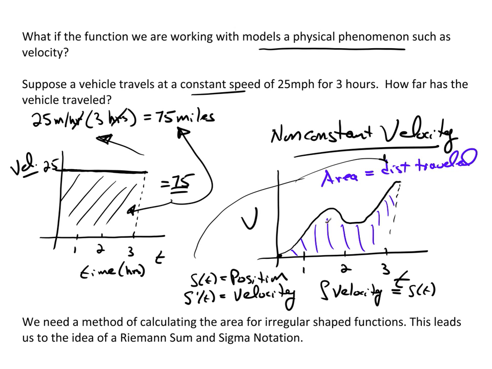So that's what we're doing here. So we need a way of integration to find this area under the curve. That's what the integration is going to actually do. That amounts to, in this physical example, if I integrate this function that represents velocity, I end up with the total distance that's traveled. Now what we need is actually a method of calculating this area for some type of irregular shaped function. And this leads us to the whole idea of Riemann sums and the sigma notation.